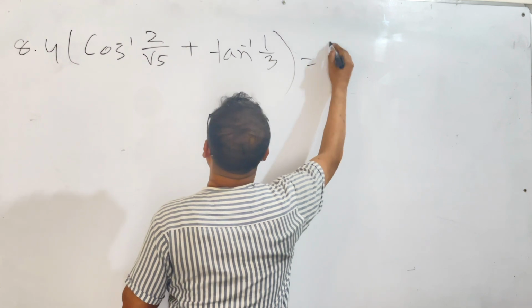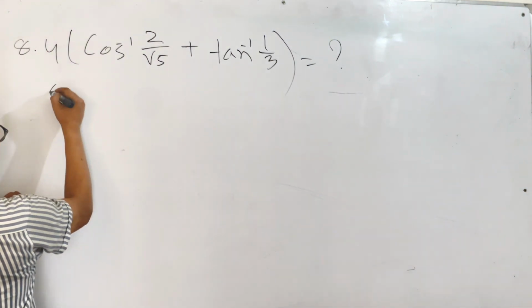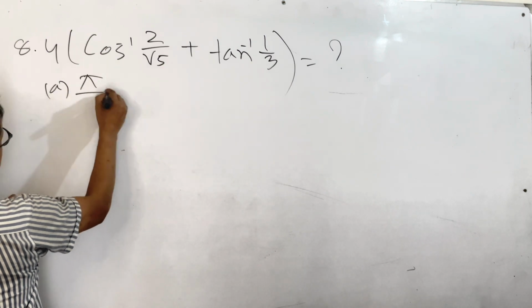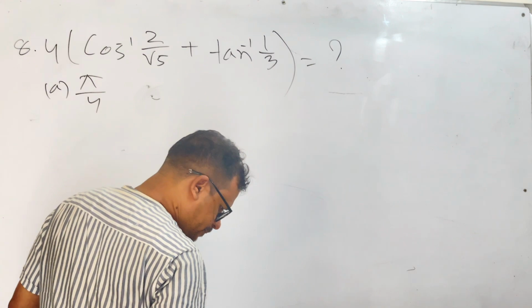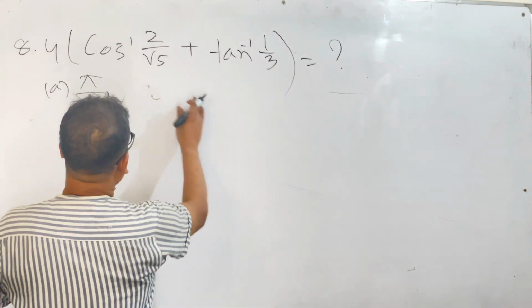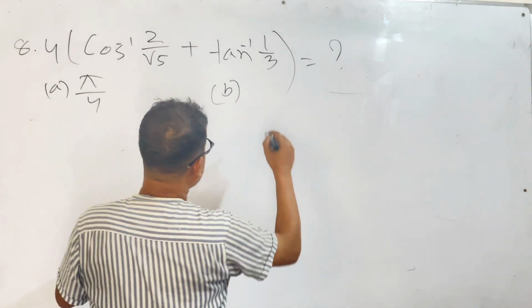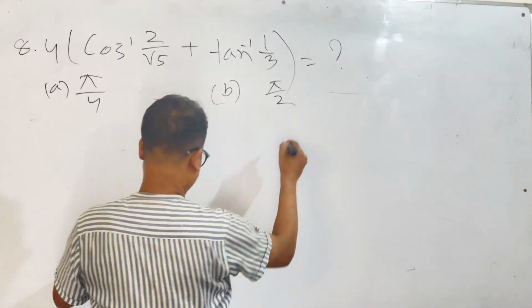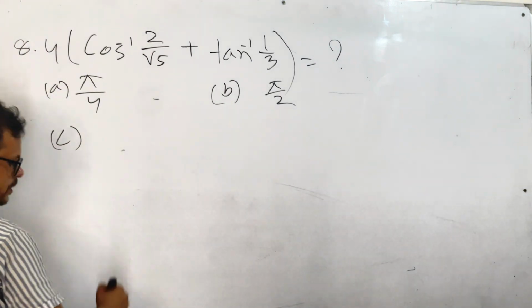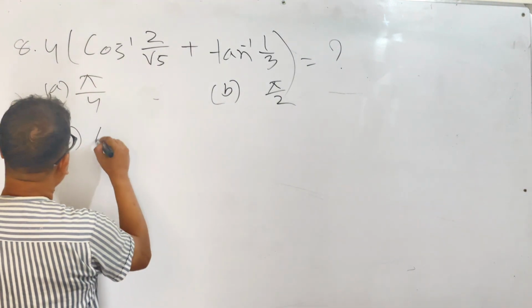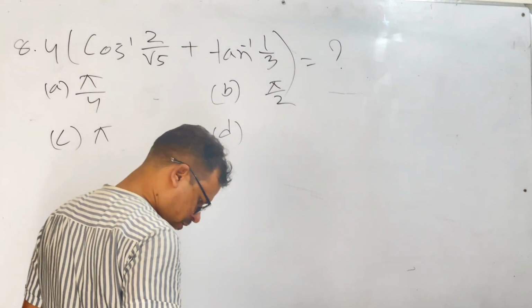A, pi by 4. B, pi by 2, that means half pi. C, pi. D, 2 pi.